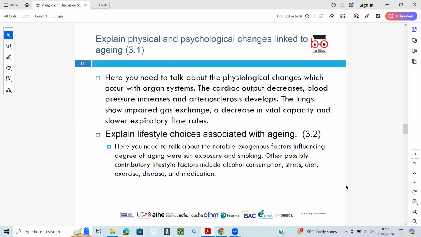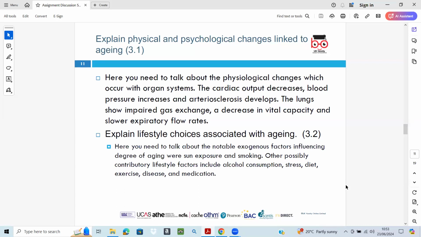For example, if we discuss the cardiovascular system, as we know, cardiac output tends to decrease with age, and it leads to reduced blood flow to tissues and organs, and blood pressure often increases, contributing to the risk of cardiovascular conditions. There is hardening and narrowing of arteries, which can impact blood flow and increase the risk of heart disease.